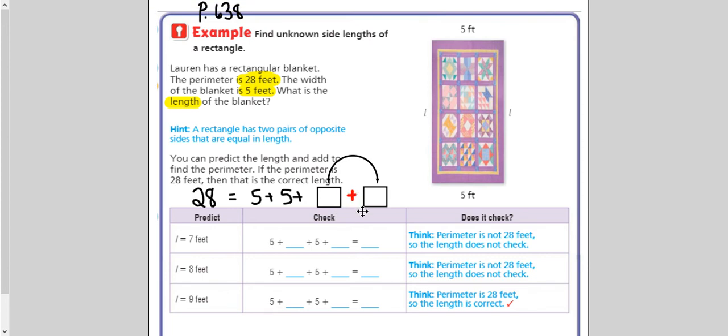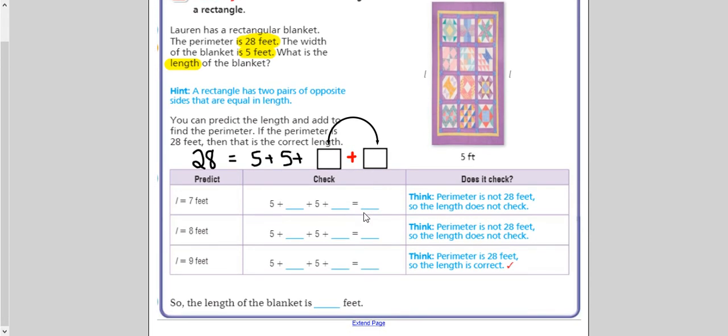if we were to use algebra, here's the first thing that you can do. It's real easy. This is just a guess and check method. You put these numbers in here, there's 7, there's 8, there's 9, and you're adding them up until you get 28.